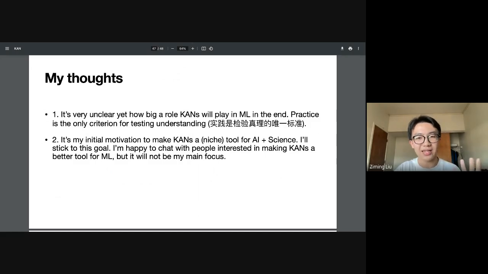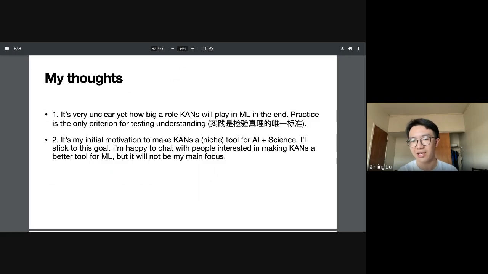I have to be honest that for me, it's very unclear how big a role KANs will play in machine learning in the end. I think we need more experiments before drawing conclusions. Since I come from a physics background, my initial motivation for making KANs was natural science.